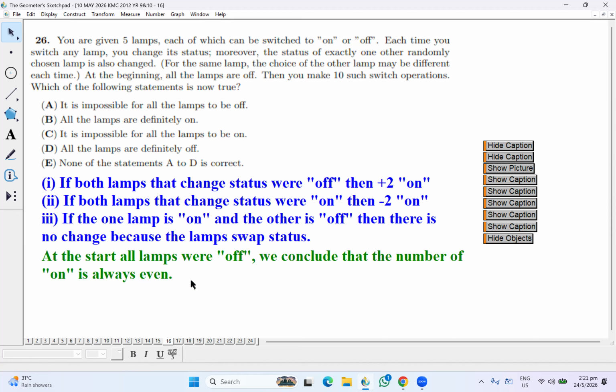Second time, maybe both off become on again, or both on, then -2 on. So on always increases by 2 or decreases by 2. If one off, one on, then the number never changes. So we conclude the number of on is always even. 0 is considered even.